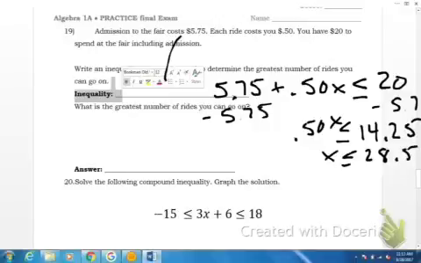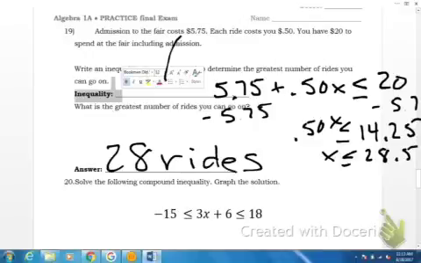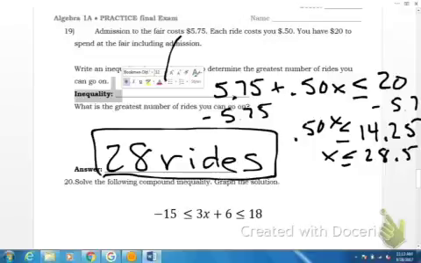Now, are you going to be able to go on half of a ride? No. Are they going to say you have almost enough money? No. So that's why it says less than or equal to. So 28 rides. You're just going to go home with like a quarter left in your pocket. But you cannot ride more than that. You can only ride 28.